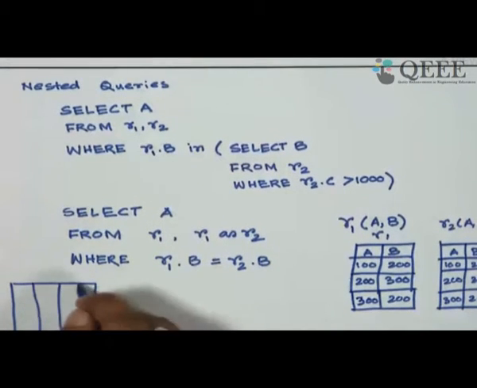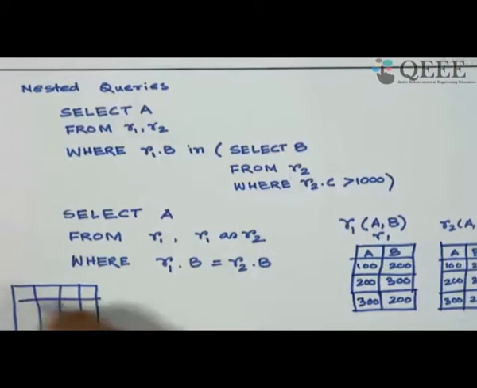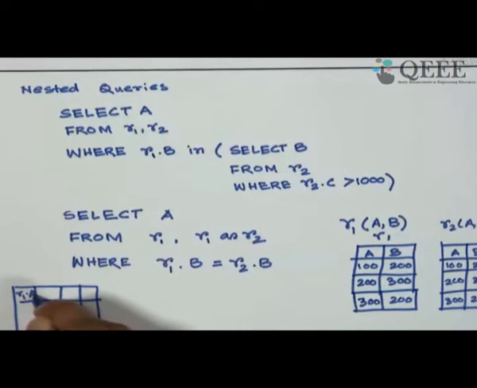Now there will be 4 columns: R1.A, R1.B, R2.A, R2.B. What are all the possible values? 3 into 3, so 9 values will be there.